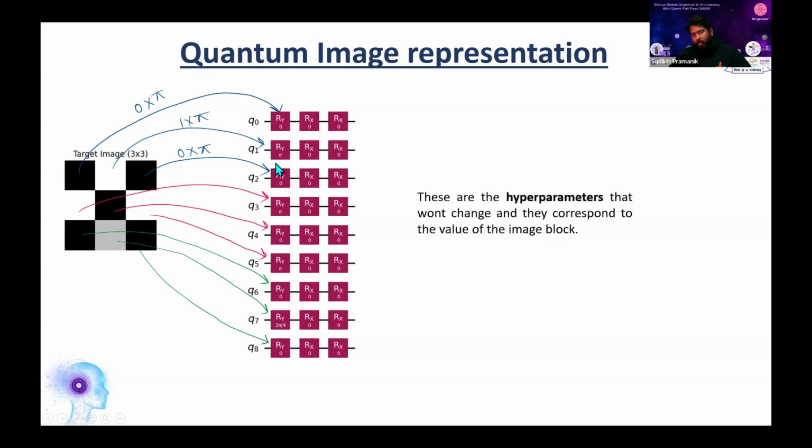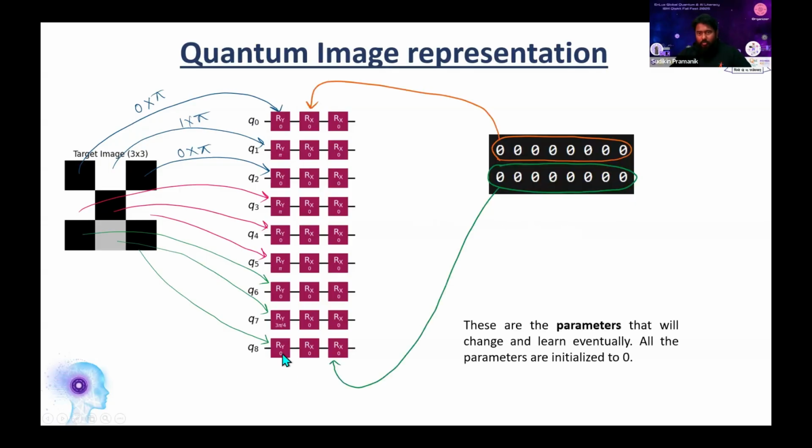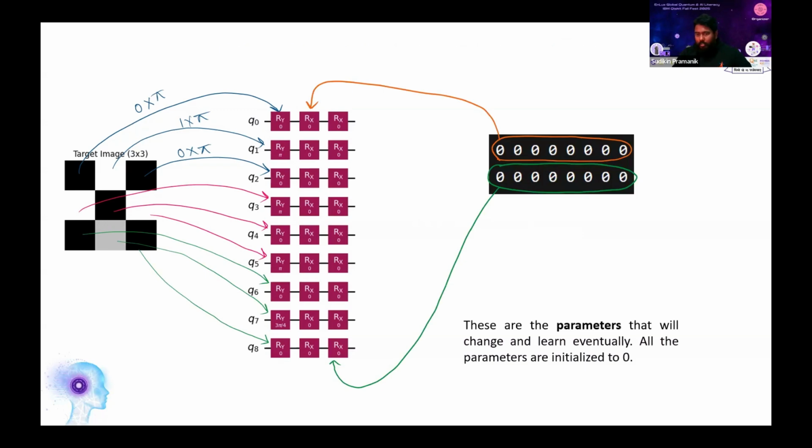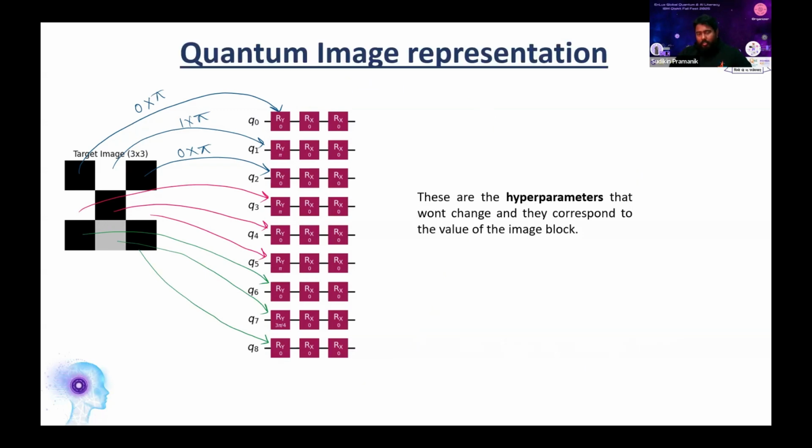So this part at the front is my encoding part. Is that clear? Now, suppose I'm initializing the parameters as 0. Keep one thing in mind, that these are my hyperparameters. Hyperparameters mean those that we won't be changing, those which are fixed.